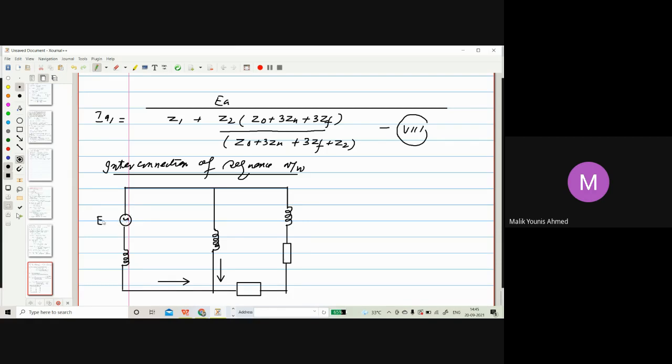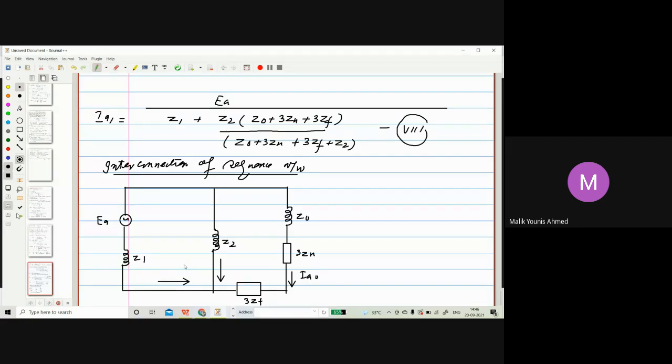Let us say this is EA. Then this is Z1, this is Z2, this is Z0, 3Zn, 3ZF, and this current we can say is your IA0. See how we can find it.